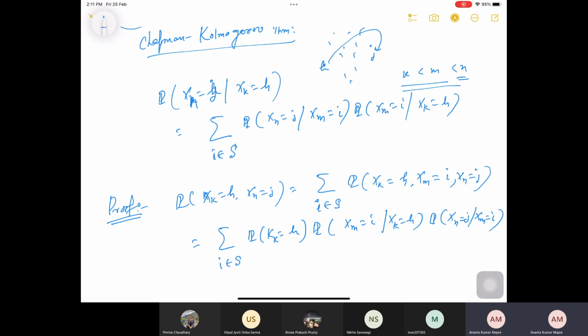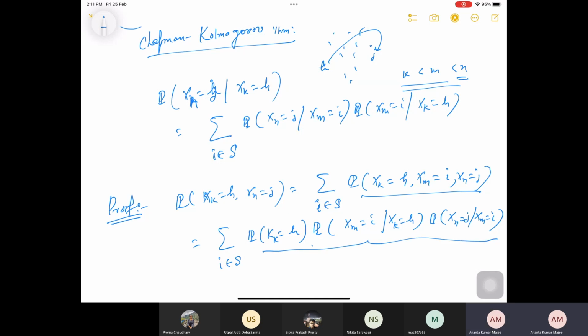Is it not? The lemma we have proved says that if you consider the intersection of these things, then that is the same as the probability of x_0 is equal to i, and then probability of x_1 is equal to some i_1 given x_0, and then the product of the corresponding conditional things. So I am exactly writing down from here to this part.